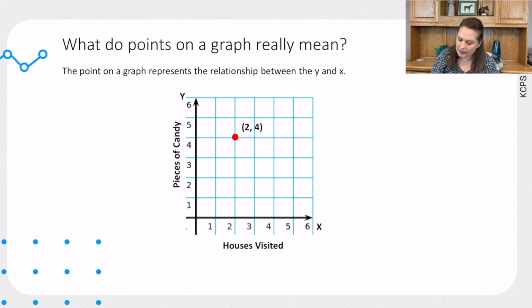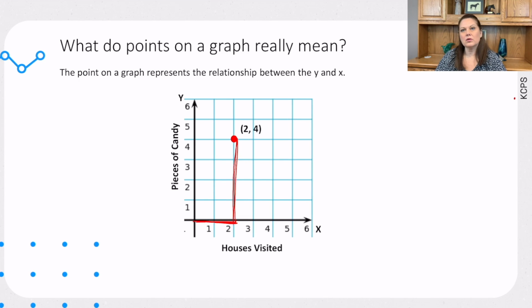And you'll notice as I look at my graph, I'm going to go over 2, and that means I'm going to visit 2 houses. And then I'm going to go up 4, meaning each of those houses is going to provide a total of 4 pieces of candy. Now we'll need to remember our equation for constant of proportionality.